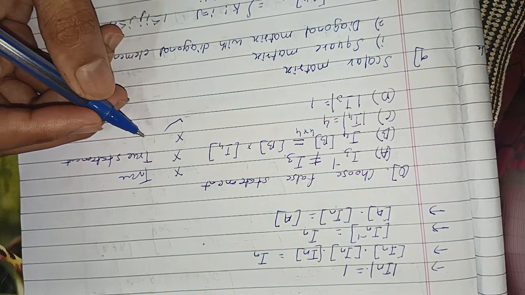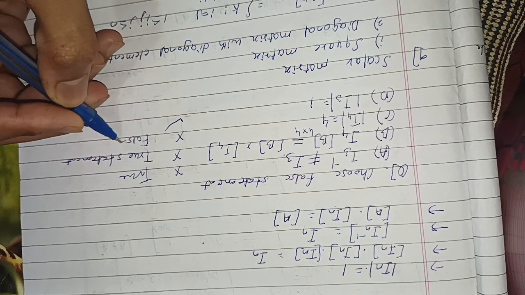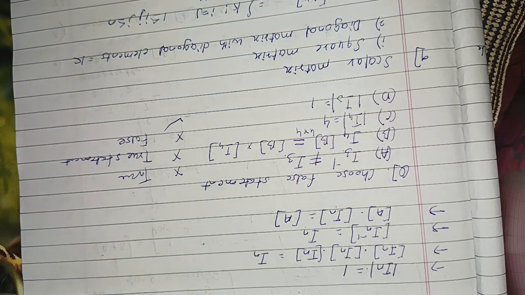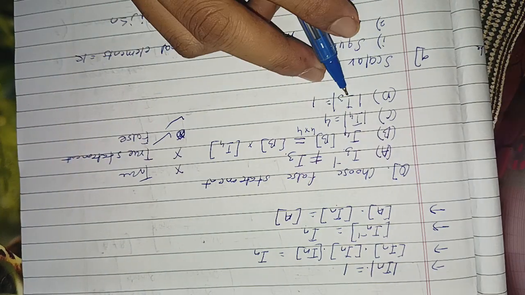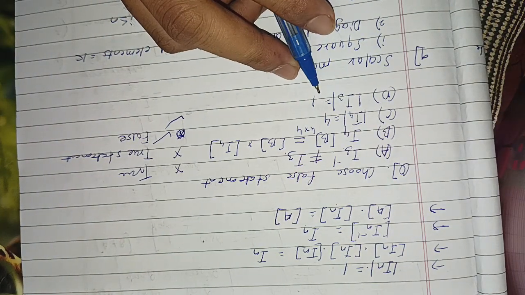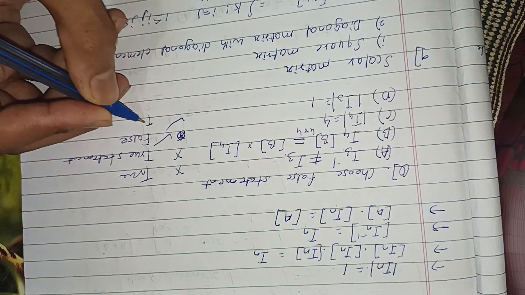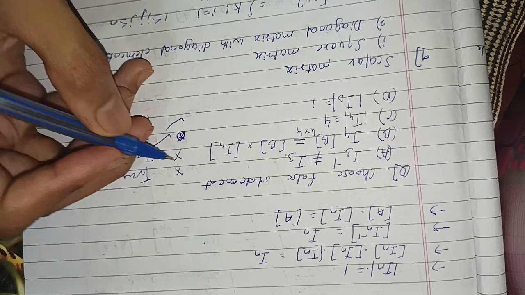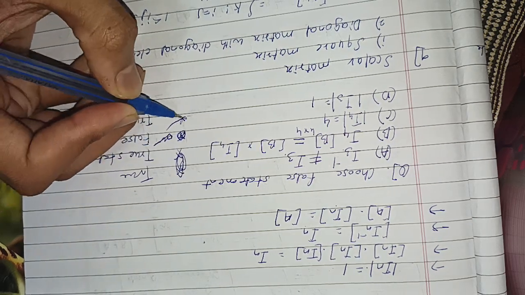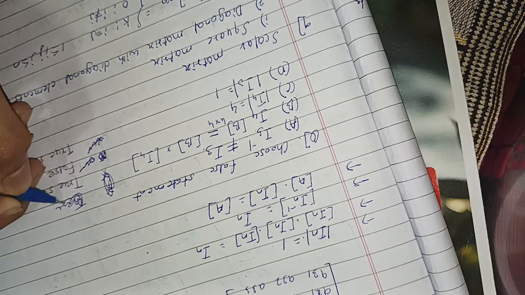So this is false. I3 is equal to 1. This is a true statement. This is false.